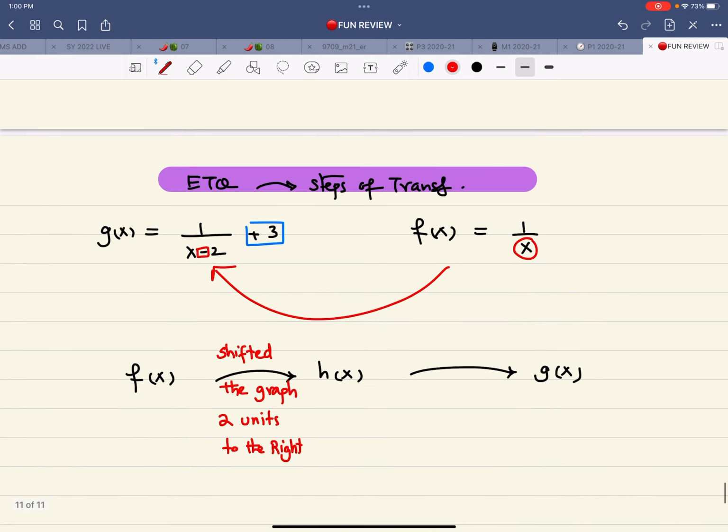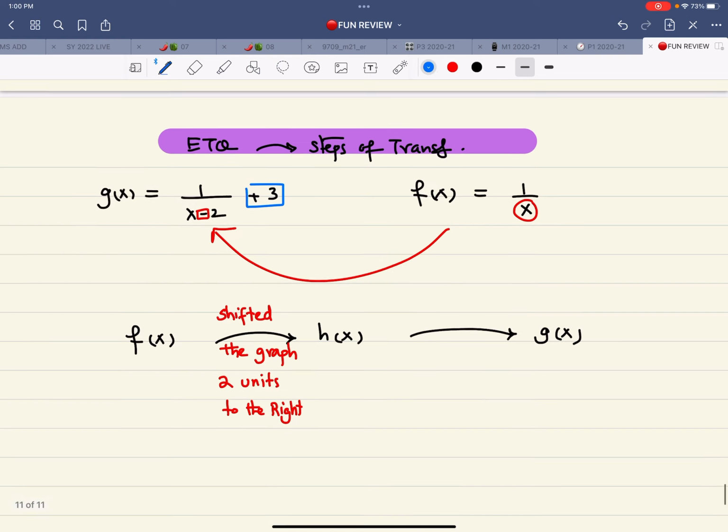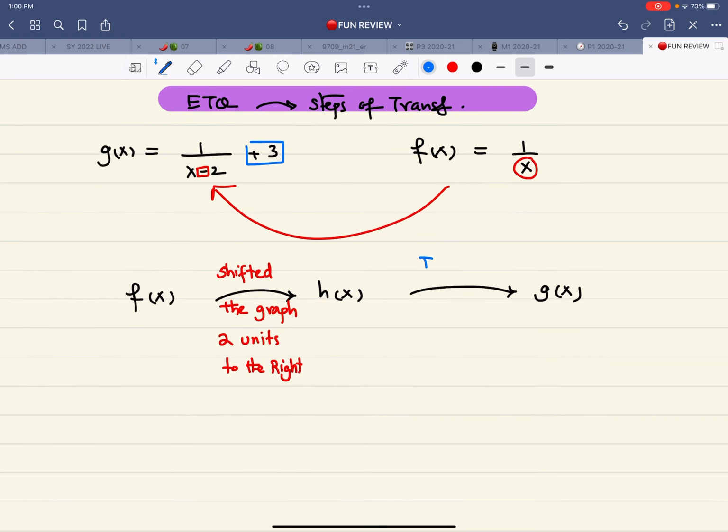So even if you don't have any knowledge of that formula, you can also do it by transformation. And what is the next step? The next step is that h(x) is then translated or shifted, doesn't make a difference, 3 units up. That's how the graph is drawn.